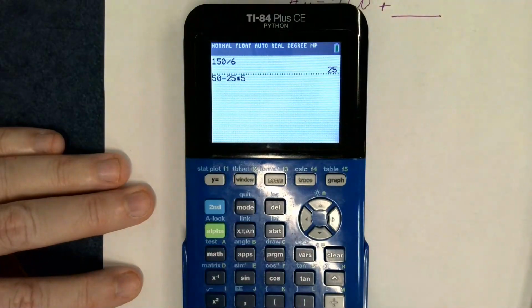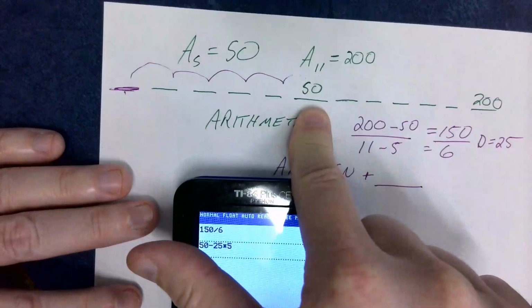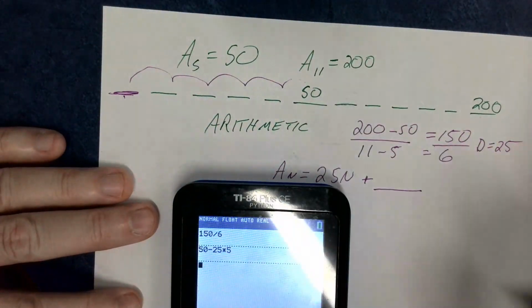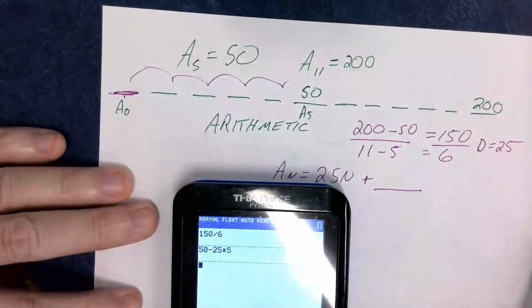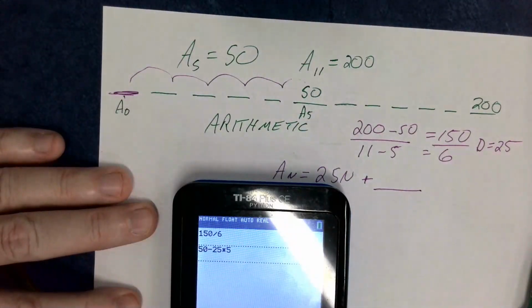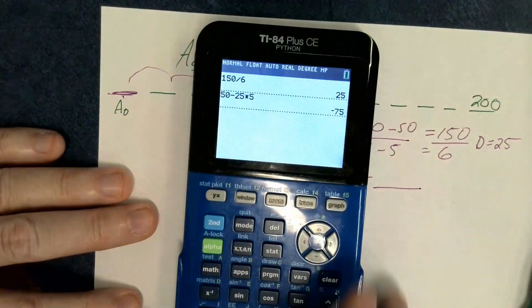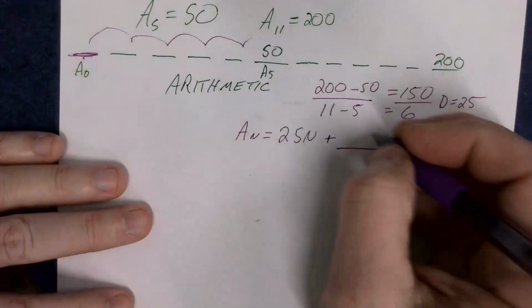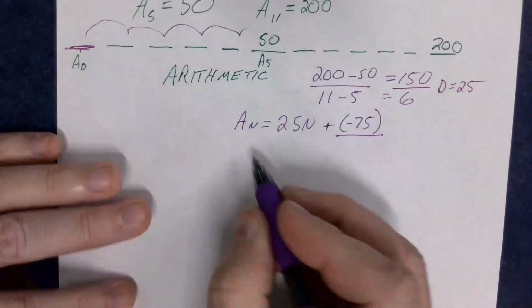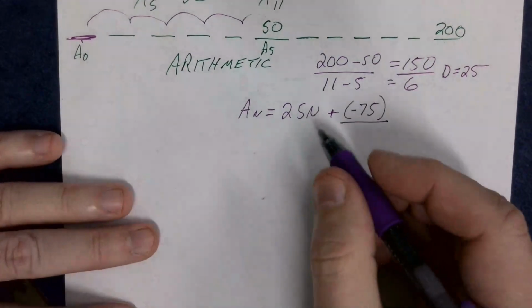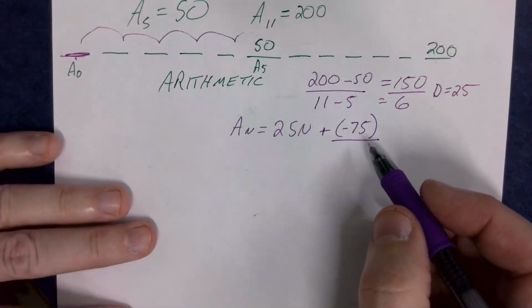I have to do that 5 times. So if this was the fifth term right here, and I need to find a sub 0, I would have to do that subtraction of 25 5 times, and that gives me negative 75. So then I know that this is my generalized equation: a sub n equals 25n plus a negative 75.